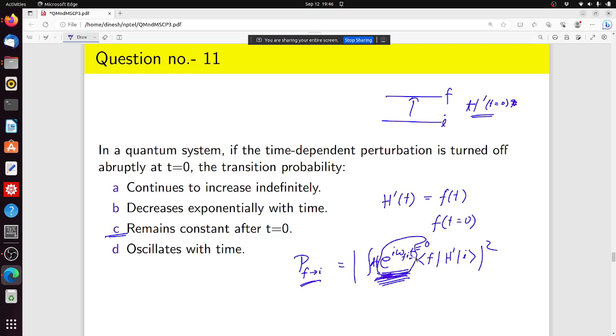Now I am putting t equal to 0, so this exponential term will vanish, so it will decrease exponentially with time. This exponential function will vanish, right? So it won't have any transition probability anymore. It will collapse to this ground state instantly.